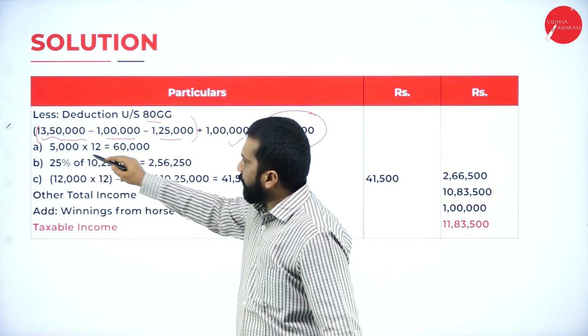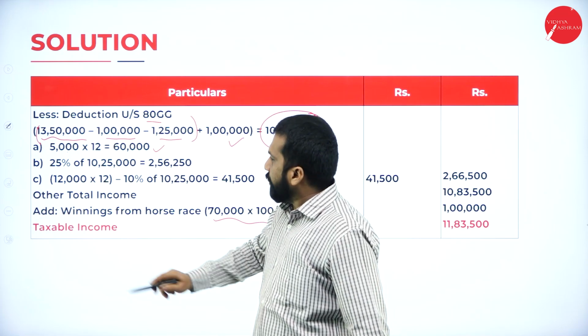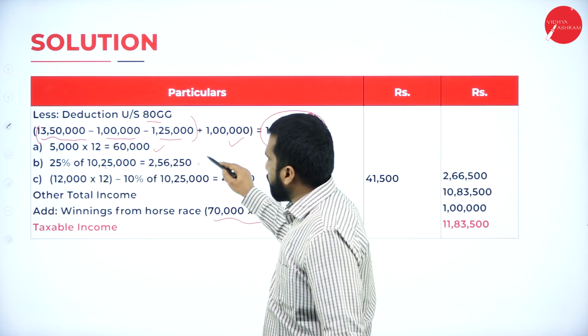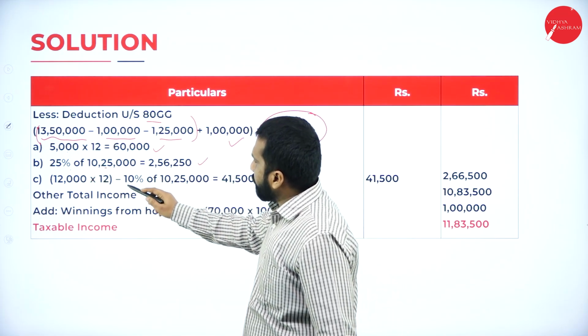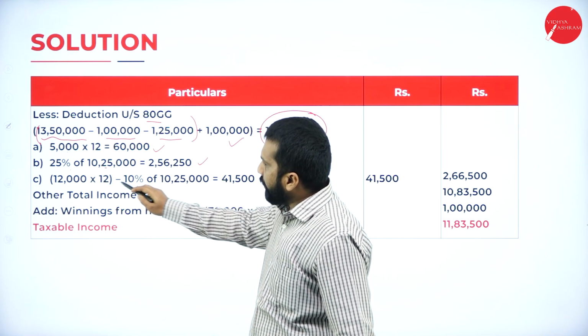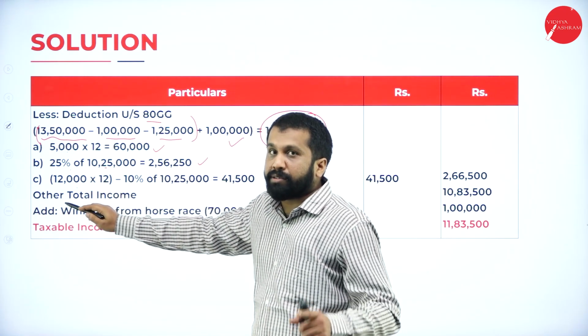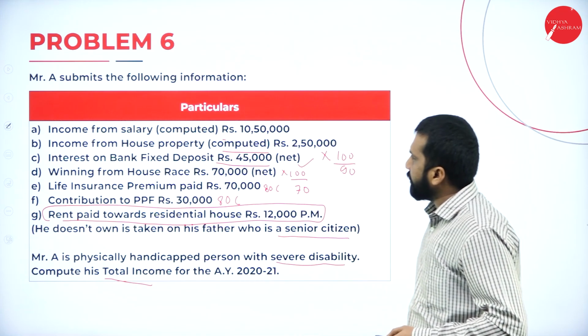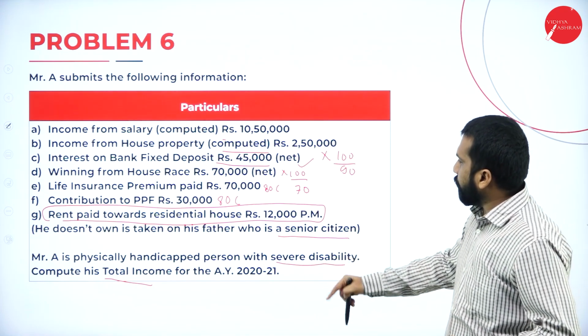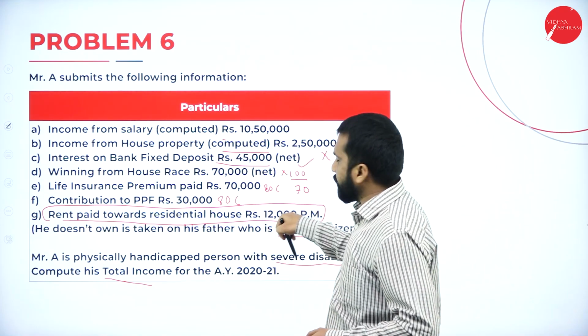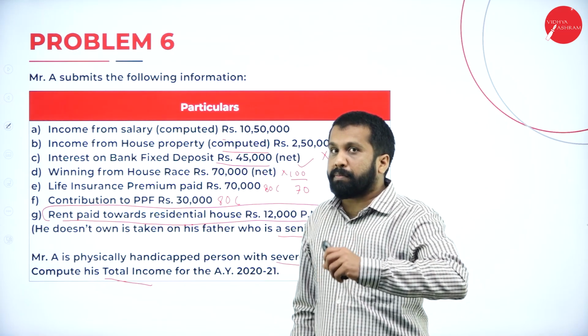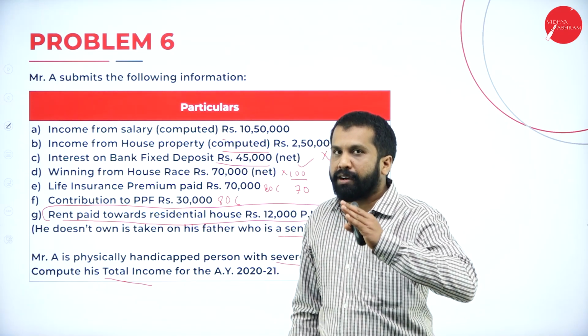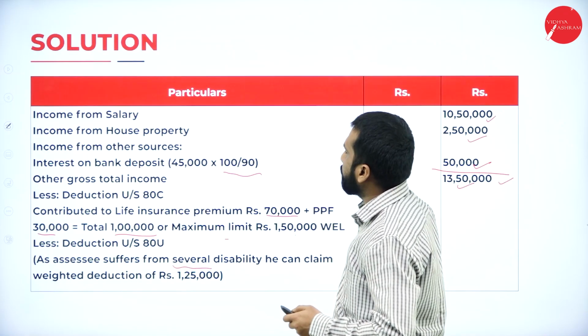On 10 lakh 25,000, first one is 5,000 into 12. Second, 10 lakh 25,000 into 25%. Third, 10 lakh 25,000 into 10%, and actual amount paid 12,000 into 12. What is the actual amount paid? See, actual amount paid is 12,000 per month, minus 10% of your adjusted gross total income.